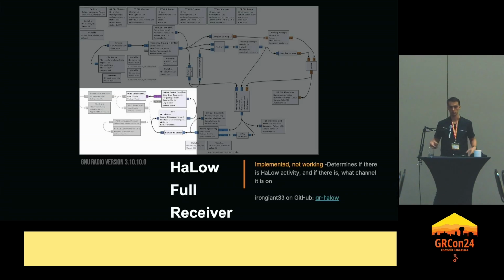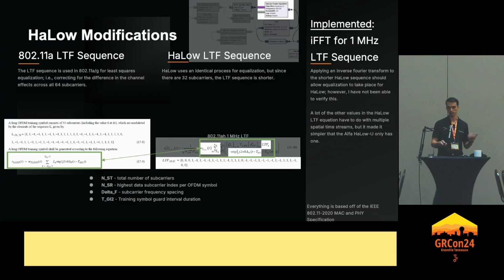Okay, so the full receiver doesn't really add much on the end. It's now just trying to take the OFDM signal into the frequency domain and actually decode some of the packets after equalizing and synchronizing. The first modification I had to make was that Halo applies a different training field sequence to the packets in order to equalize in the time domain.